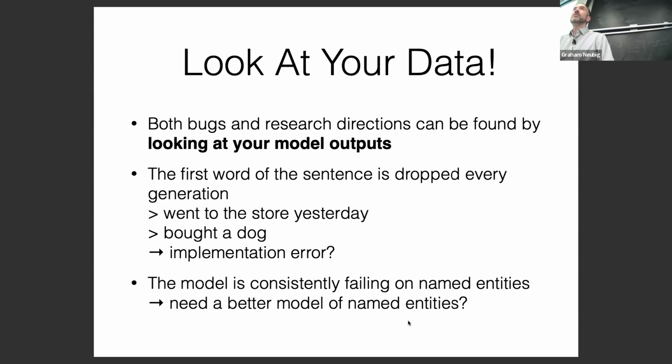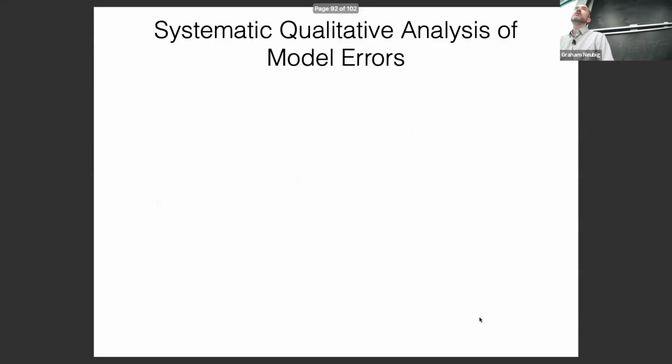And so you might see that compared to some other model, your model is really bad at answering questions about people or something like that. And then you figure out you'll need a better model of people, or your RAG system that you're building for assignment 2 is maybe failing on all the research related questions. So you need to scrape more research data or something like that.